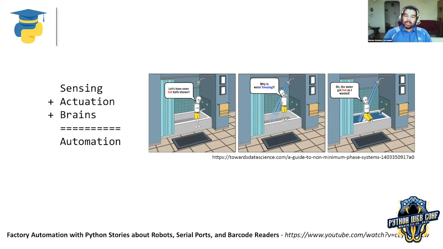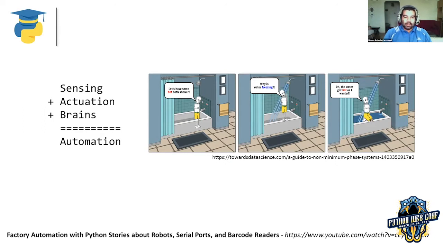This image depicts the process of regulating the temperature of the shower. You would open the hot water valve, and with your skin, you sense if it is too hot or too cold. So you then open the other valve. You start to regulate this, so you are closing the loop.